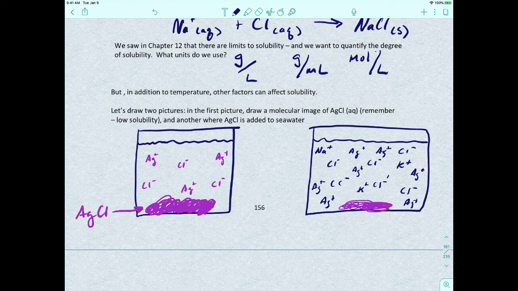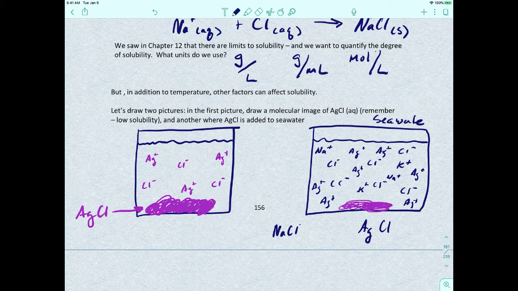Let's put a couple of sodiums in and potassium and all that. So, if seawater has sodium chloride in it, and a whole lot of other stuff, and we're trying to dissolve silver chloride, what's going on? Why is the silver chloride being dissolved a lot more easily in seawater than previously?